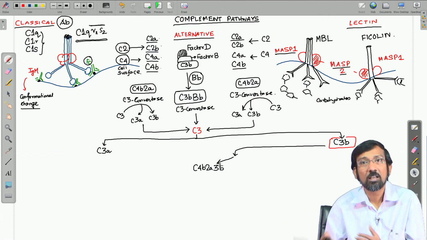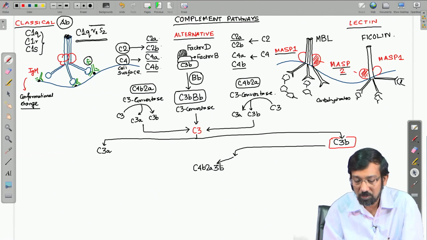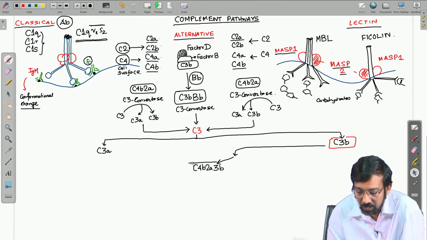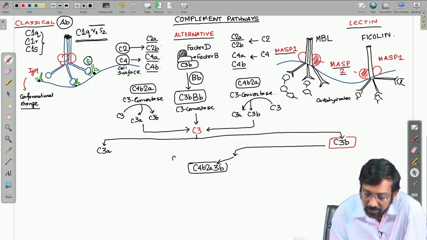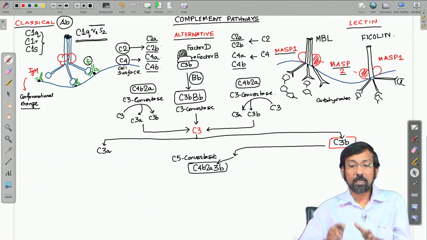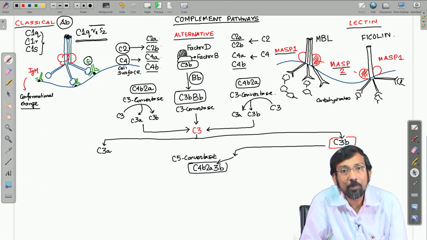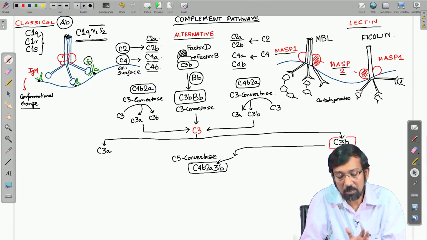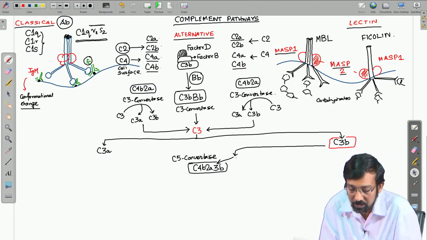So, it is just simple addition. So, if you see, it forms another convertase which is also known as C5 convertase. So, now their role is to break down the complement protein C5. Somehow they have to break down the complement protein C5.